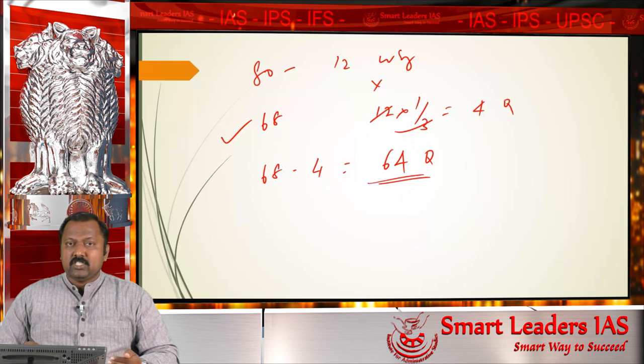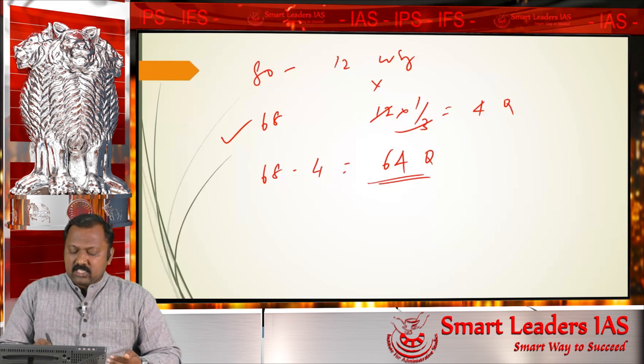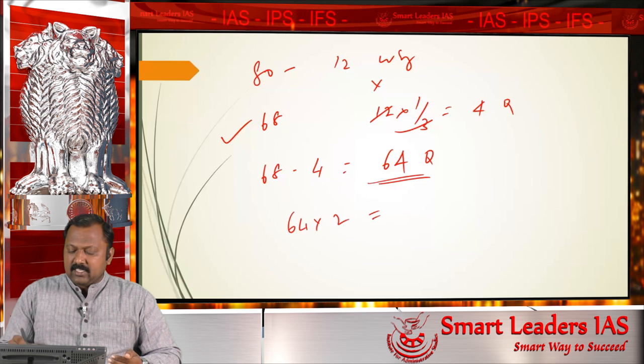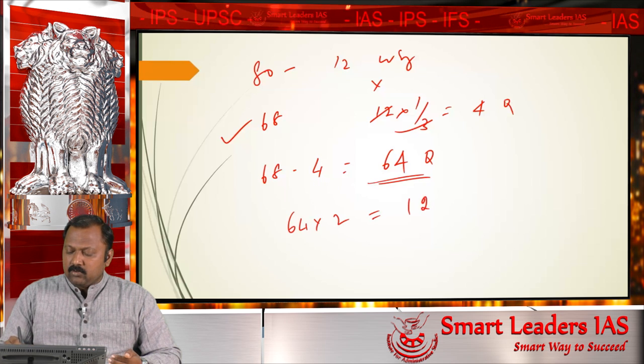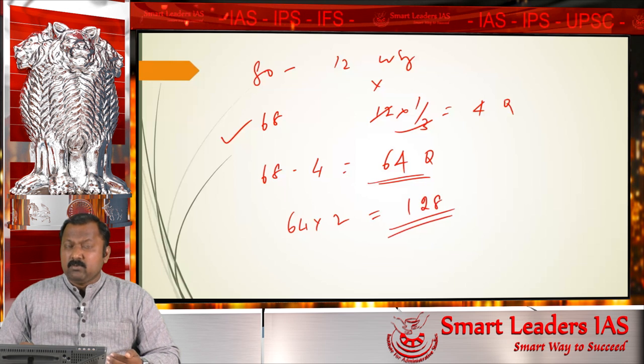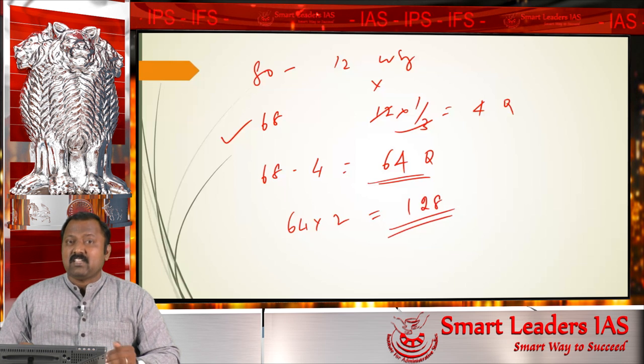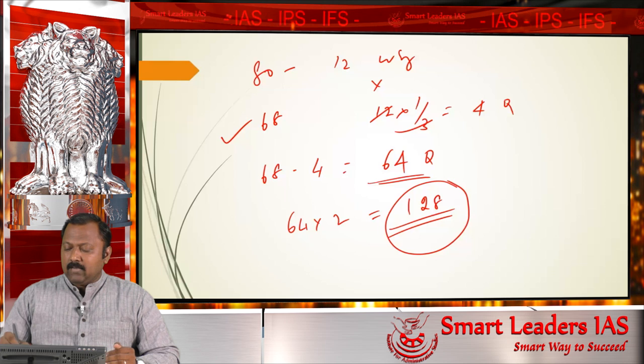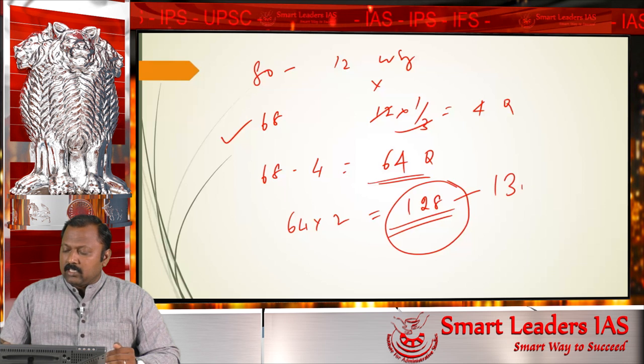He did 80 questions, 12 were wrong. The net number of correct questions is 68, and for the mark penalization, 12 into 1/3 is 4 questions. So 68 minus 4 is 64 questions, and he will get marks for 64 questions. So 64 into 2 is 128. So approximately, the maximum mark according to the theoretical calculation happens to be 128 to 130 marks.